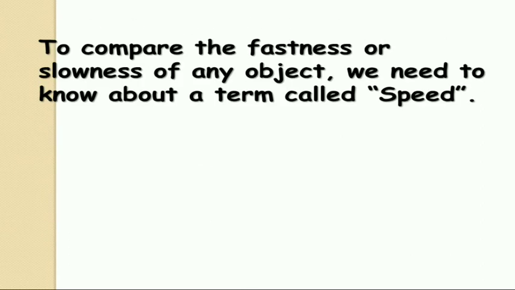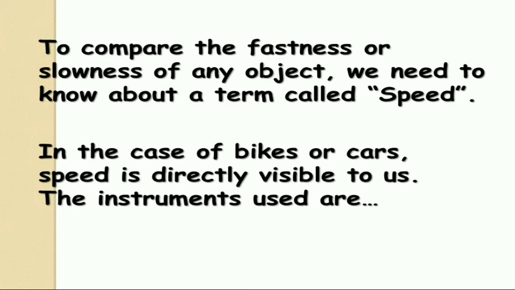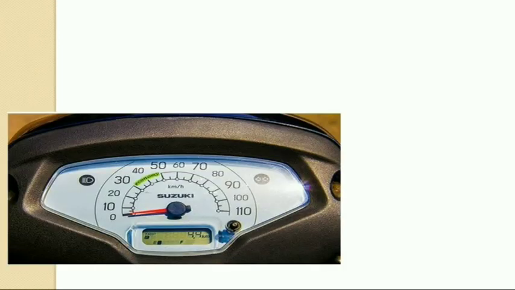To compare the fastness or slowness of any object, we need to know about a term called speed. In the case of bikes or cars, speed is directly visible to us, and it is displayed on an instrument. What is this instrument? It looks like a single instrument, but it is not. It contains both.